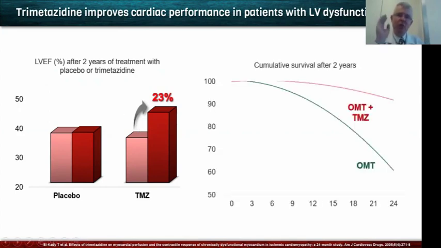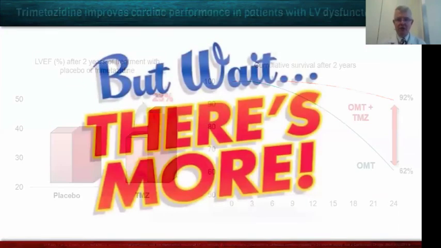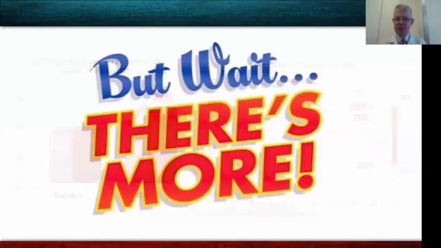And more than looking at the echo data, when you look at the survival rate of those patients, there is a significant difference favoring patients who receive trimetazidine along with optimal medical therapy compared to patients on optimal medical therapy alone. So a clinical benefit and an improvement in LV function. So remember, we have to consider this cell. But there's more.